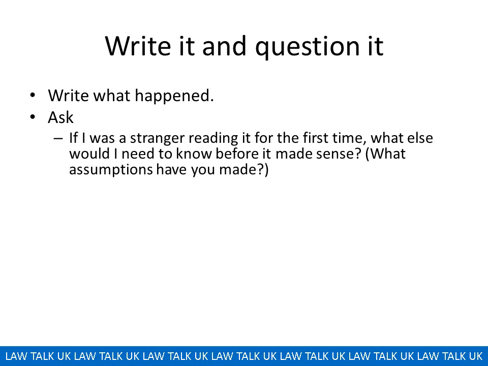If I was a stranger reading it for the first time, what else would I need to know before it made sense? Now this helps you to identify the assumptions that you're making, and it enables you to explain the thing that you're making the assumption about. So you might work in an environment, for example, where it's very well known what a particular acronym means, and you've simply put that acronym down in your version of events.